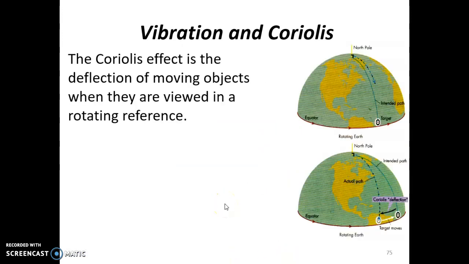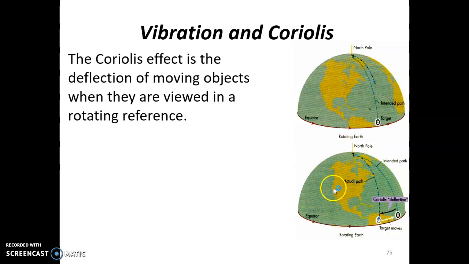The other one is the Coriolis effect, which is a deflection of moving objects when viewed in a rotating reference frame. The object does not actually deviate from its path, but it appears to because of the coordinate reference.